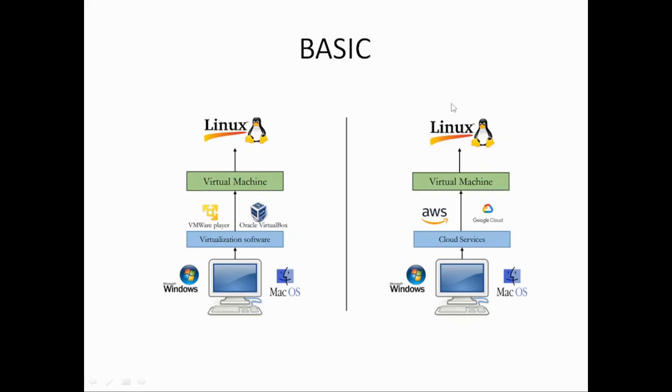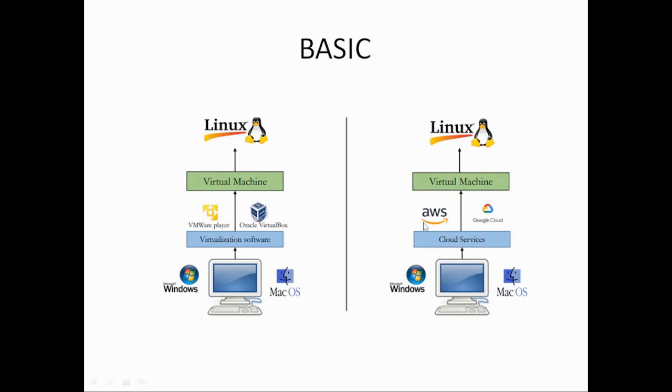Now take another scenario. Nowadays cloud is booming, so let's see how this would happen with a cloud service. This is my existing operating system, Windows or Mac, and we are going to use the cloud service as the virtualization software.